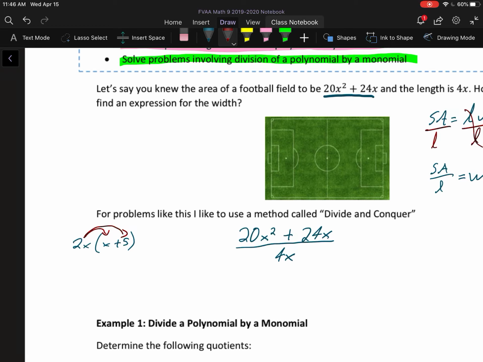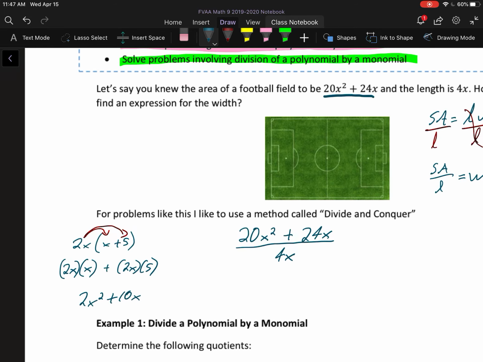So it becomes 2x times x, plus 2x times 5. The 2x gets applied to each term of the polynomial, giving a final answer of 2x squared plus 10x.